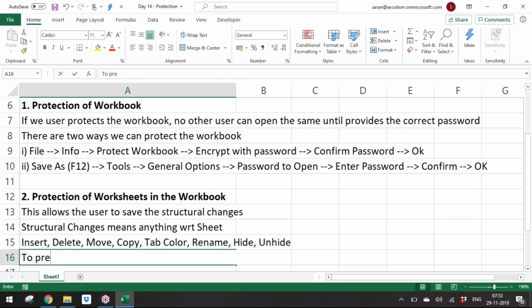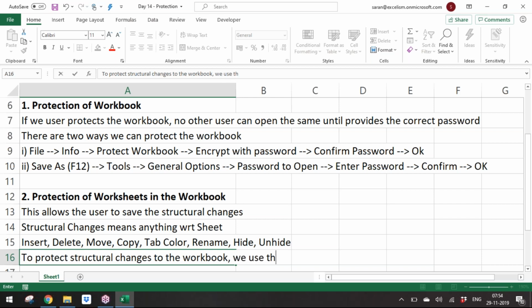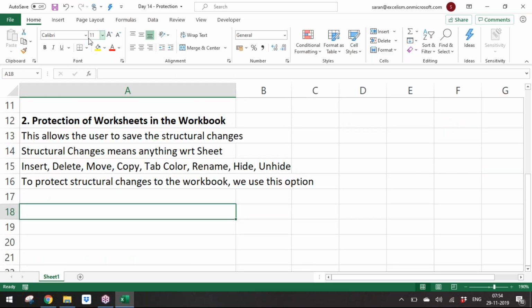To protect structural changes to the workbook, we use this option. Basically, if you give this protection, the user cannot do anything with respect to the sheets.